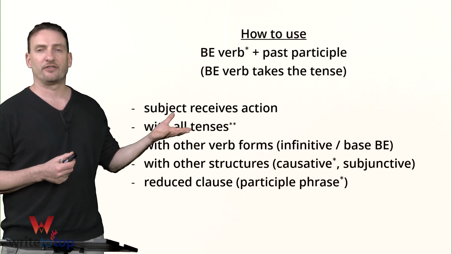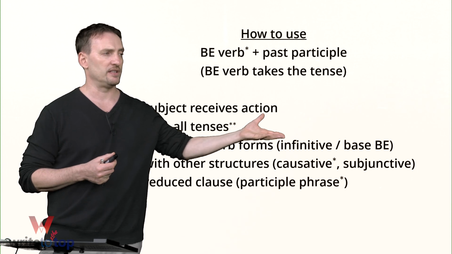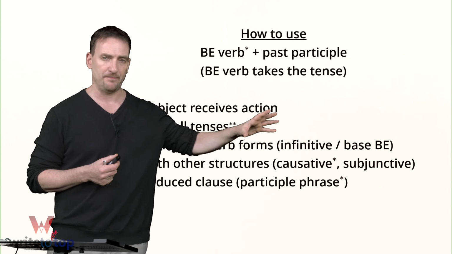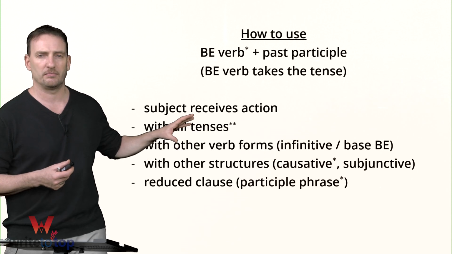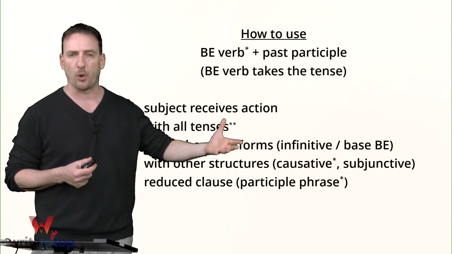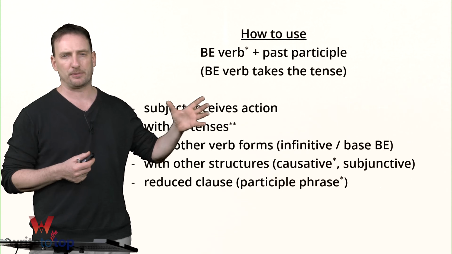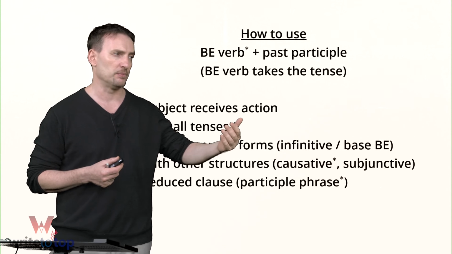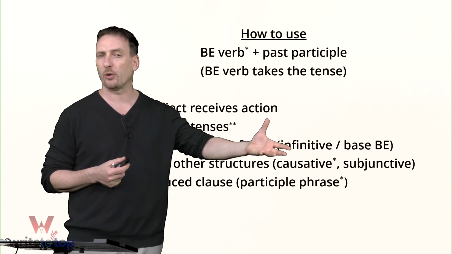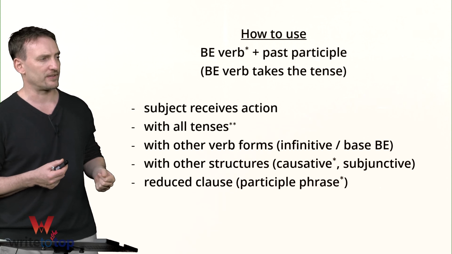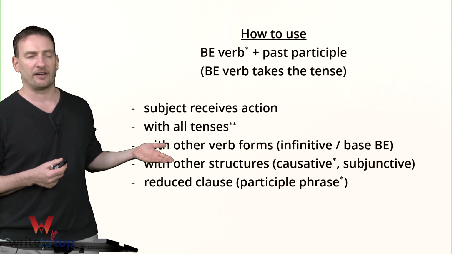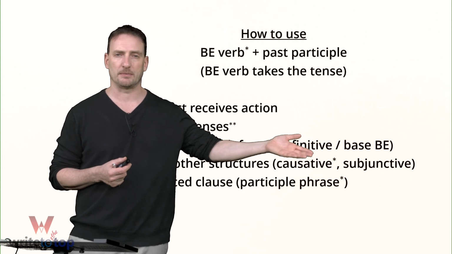You can use it with other verb forms, and you can use the infinitive or the base be. So if you're using the passive with other verbs like modal verbs, then you're not going to be putting a tense on the be verb. The be verb is infinitive or base, and I'll show you examples of that. You can combine it with other structures like the causative or the subjunctive.